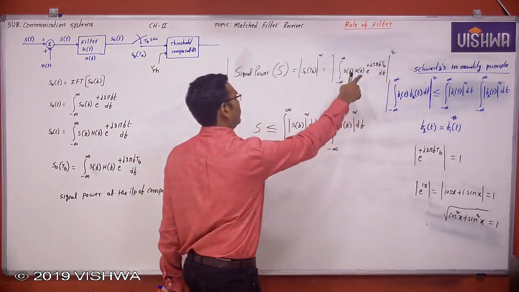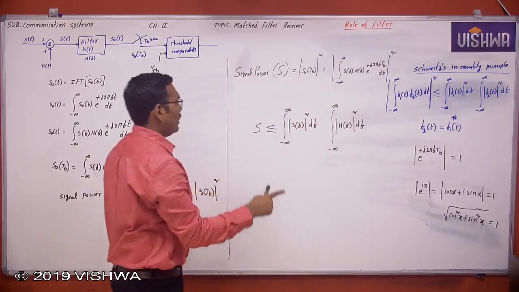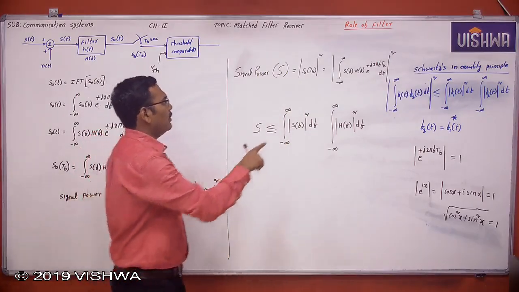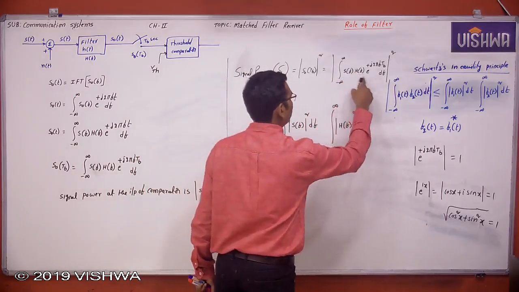Therefore that's why this is equal to 1. And this splitting is possible only when these two signals are complex conjugate.